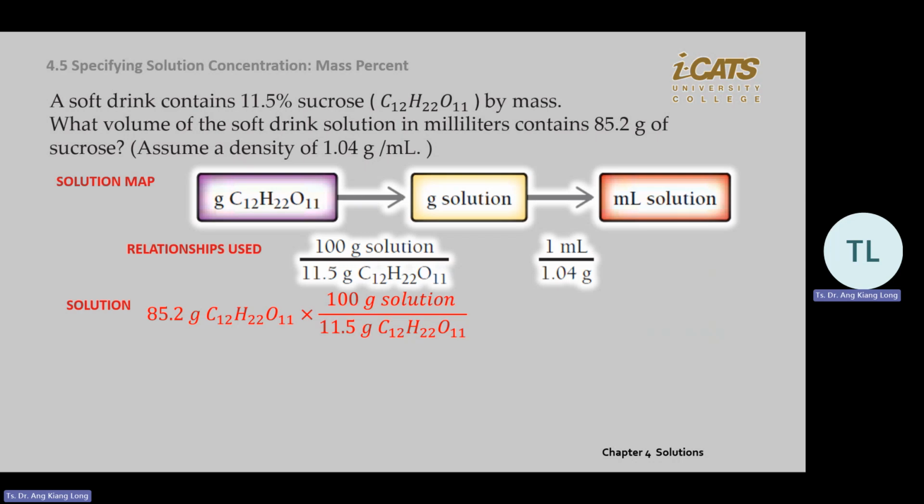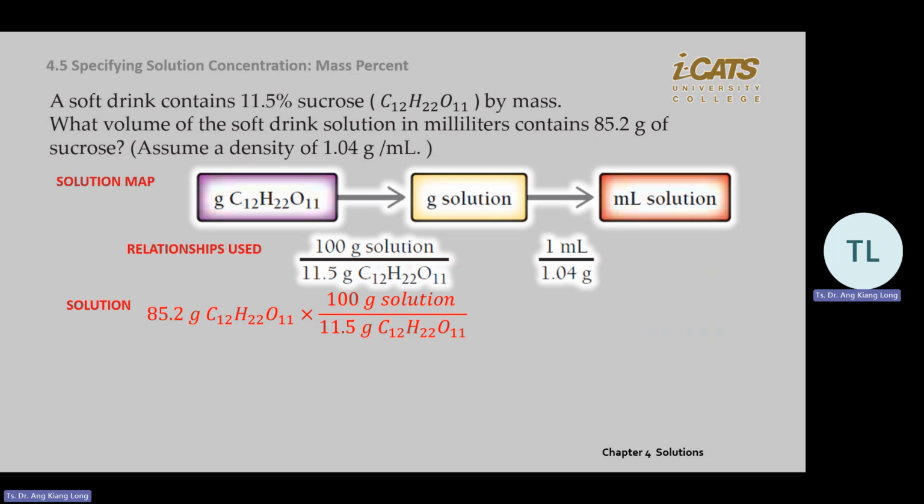I mean the concentration here. The concentration here must be the same, right? These two containers, the concentration must be the same, right? So this one, 11.5 divided by 100, is given by the question. So this one is the concentration, percentage of mass.